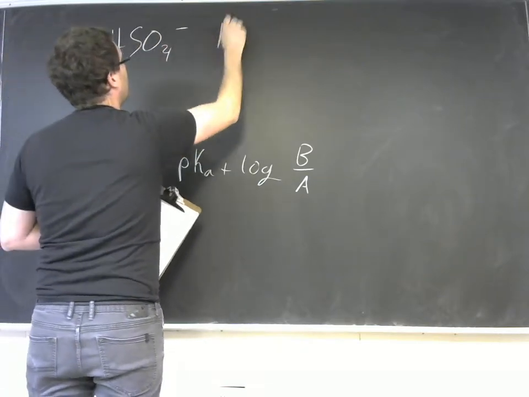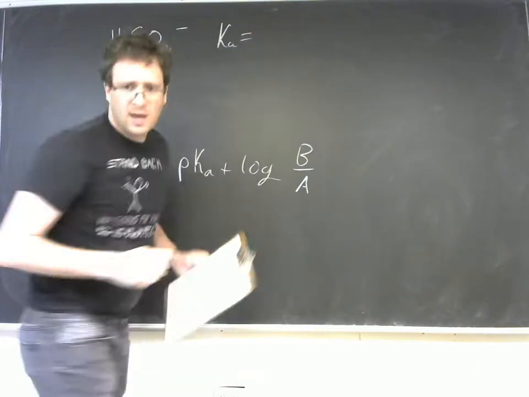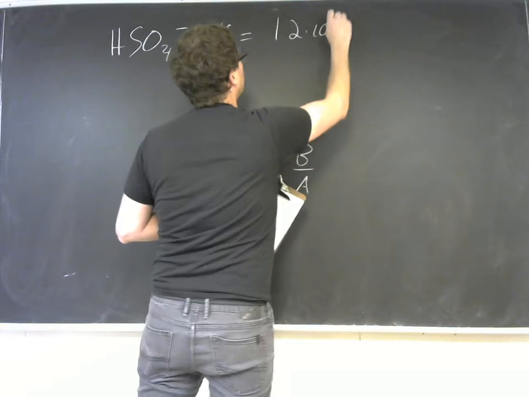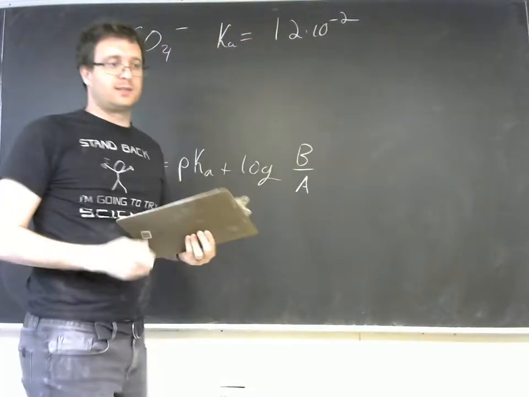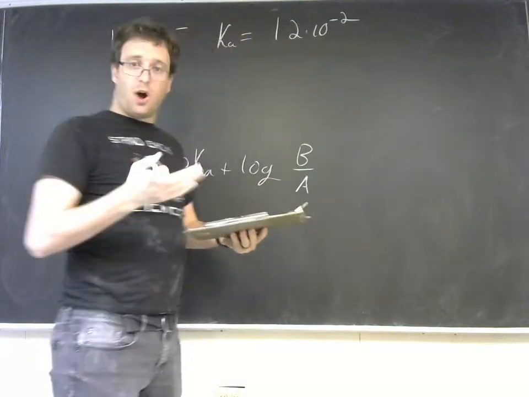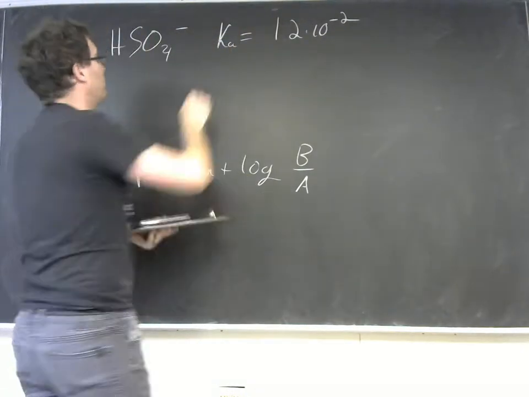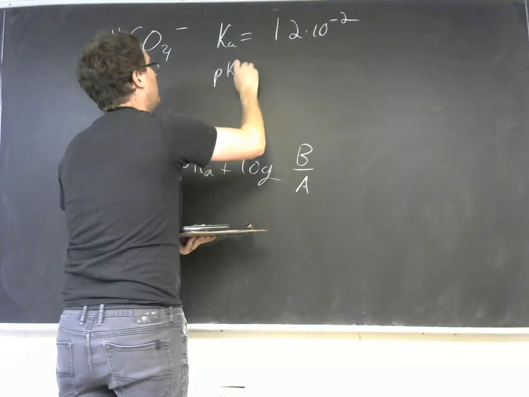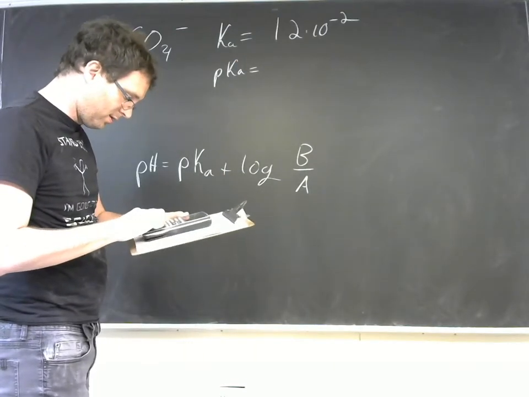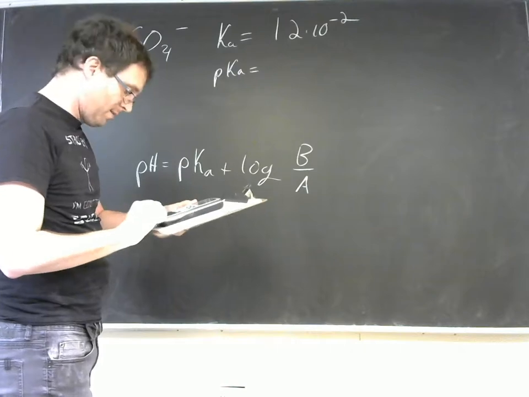HSO4- has a Ka equal to 1.2 times 10 to the negative second. It's on the strong end of the weak acids. That means it's got a pKa equal to the negative log of 0.012.